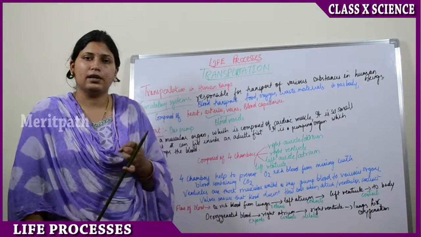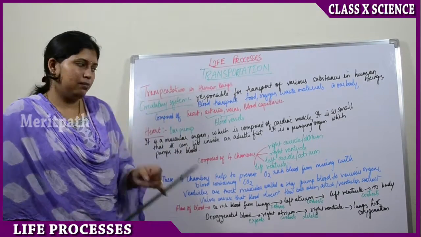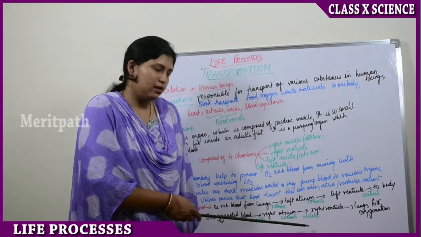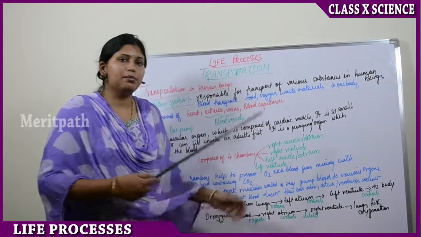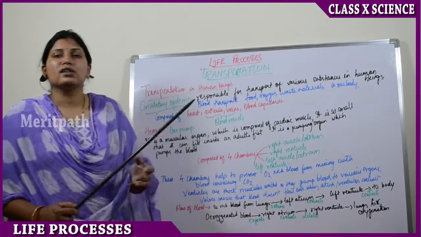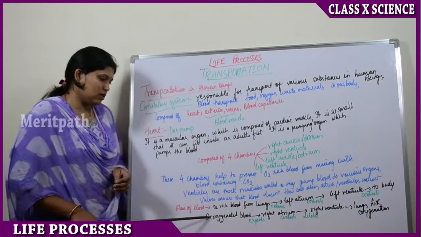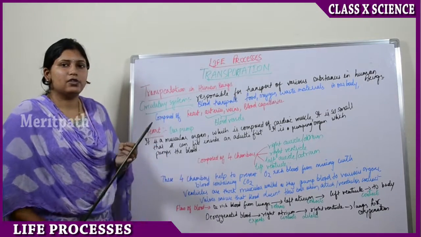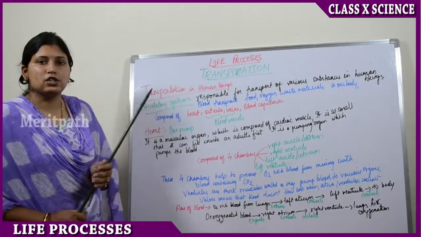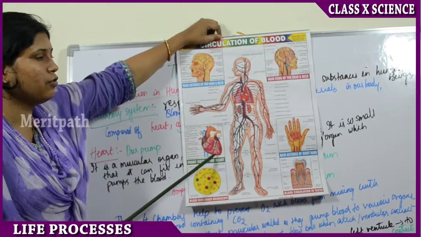As the right ventricle dilates, it receives the blood, and then from the right ventricle, the blood goes to the lungs for the oxygenation process. So deoxygenated blood via the right atrium and right ventricle goes to the lungs for the oxygenation process.